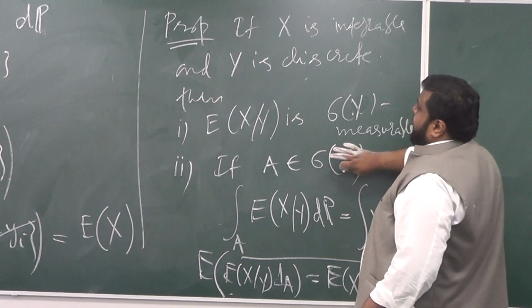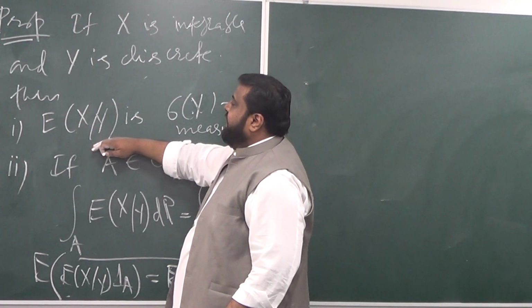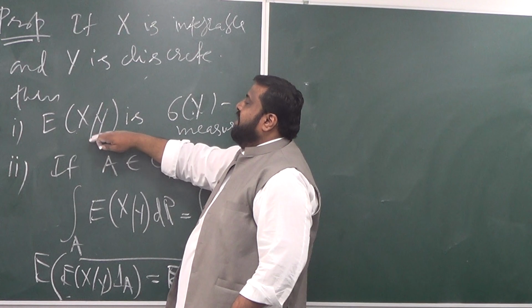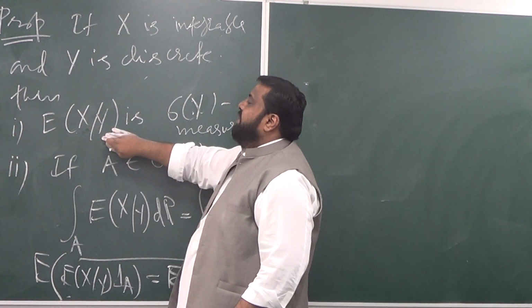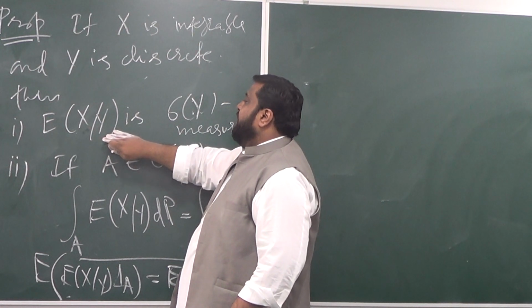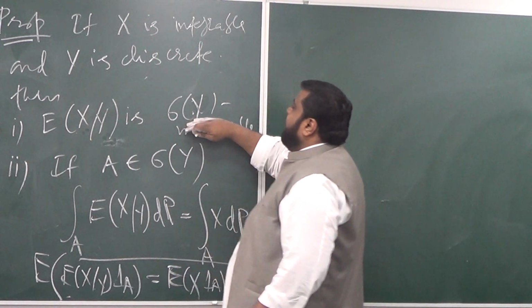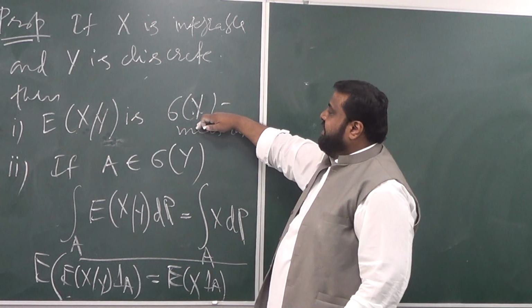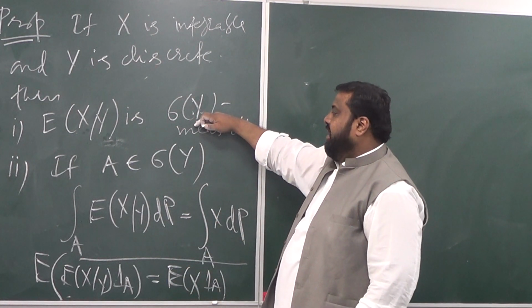This is telling you that every conditional expectation of an integrable random variable with respect to a discrete random variable is always measurable with respect to the sigma field generated by that random variable.